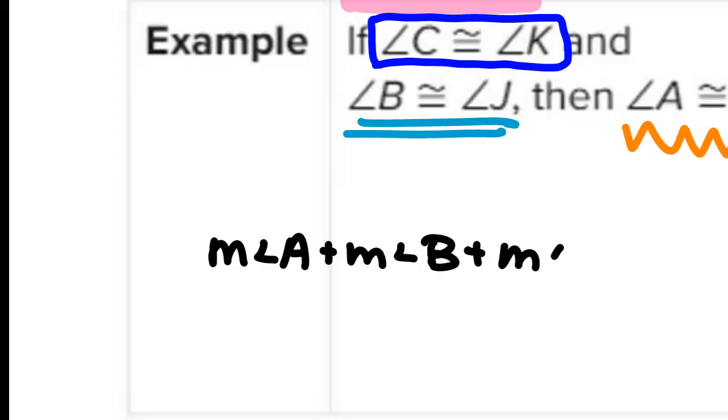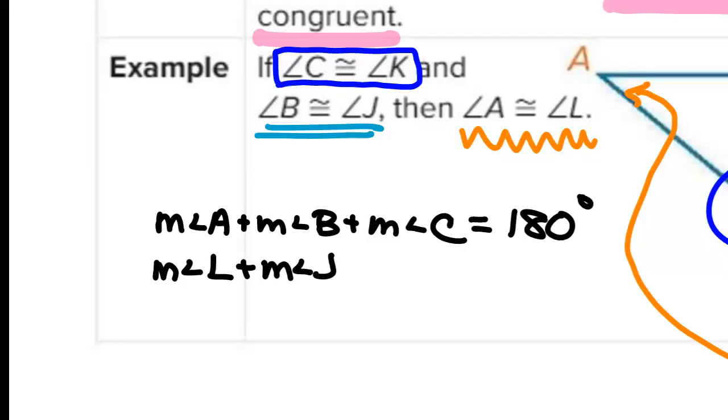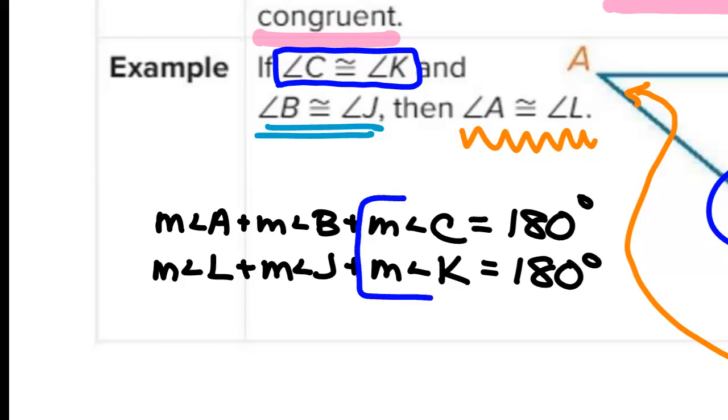Or to write this down another way, if I know the measure of angle A plus the measure of angle B plus the measure of angle C, those are the three angles inside my first triangle, so I know those would add up to 180. In the other triangle, I can say angle L plus angle J plus angle K also equals 180, because that's the three angles inside the triangle. We're told up above that C and K are the same.